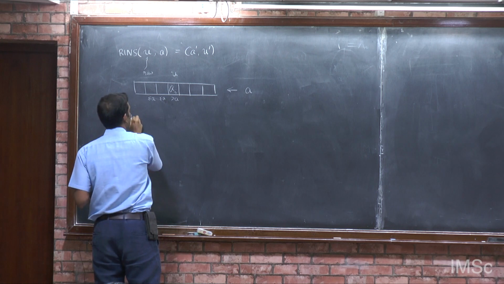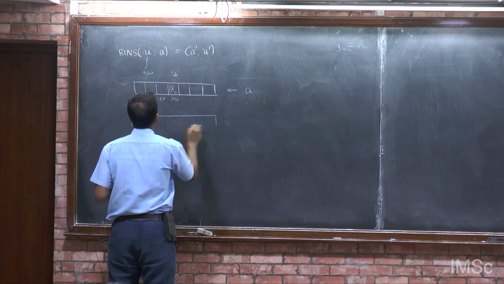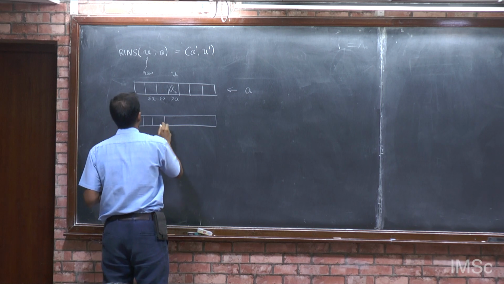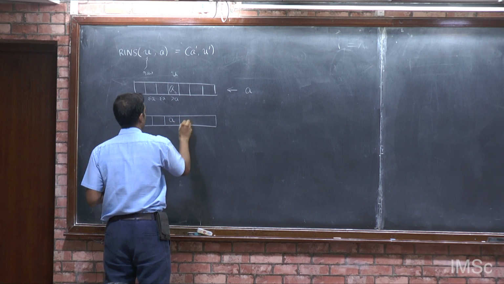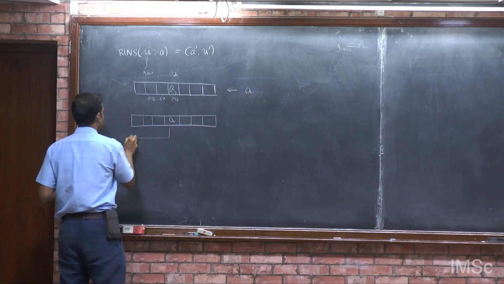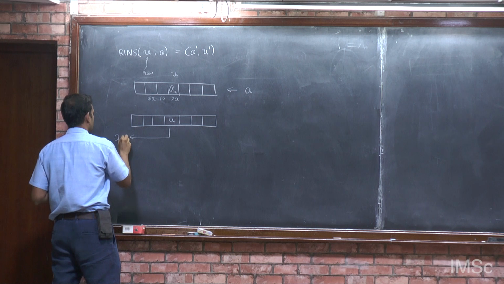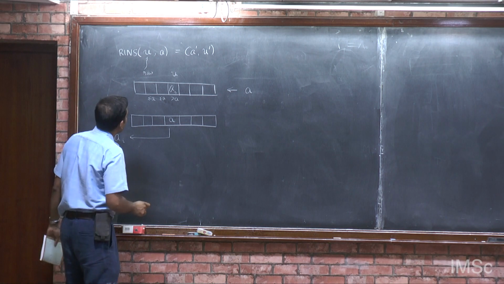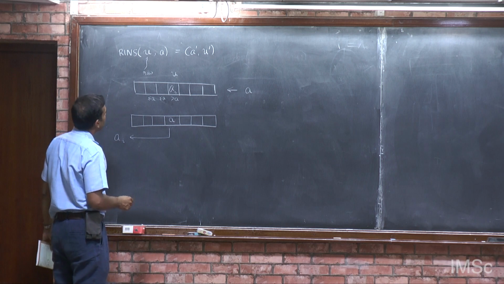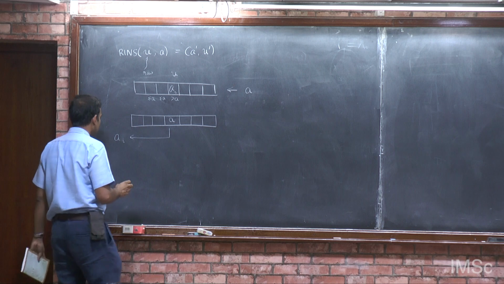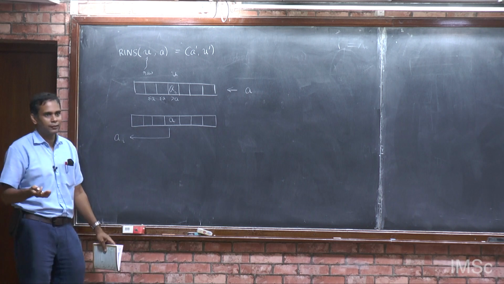I will draw the output, and then this A_i gets bumped out. And then what I did was, I applied this to a tableau. So now I was thinking of a tableau in two different ways.